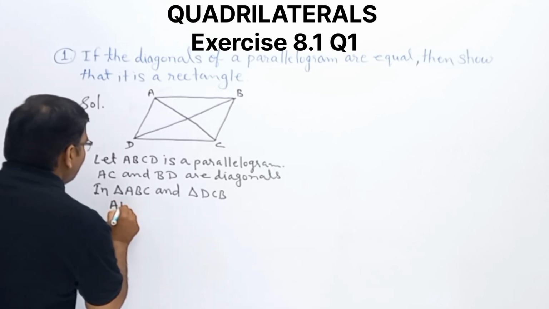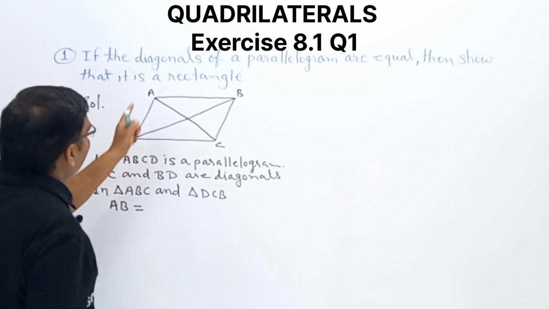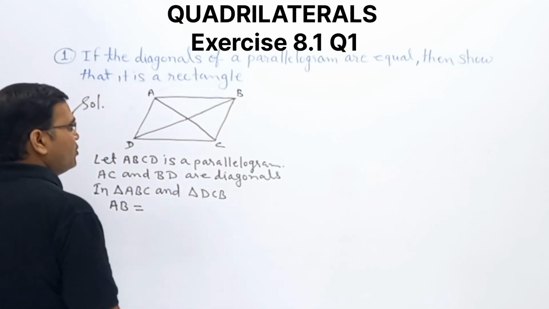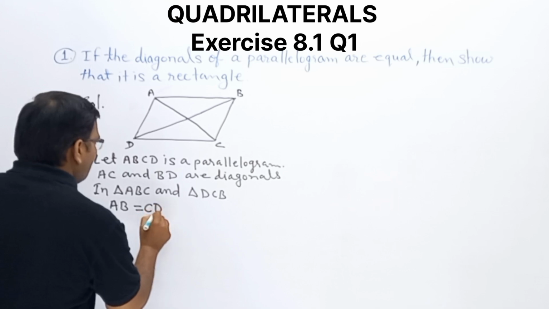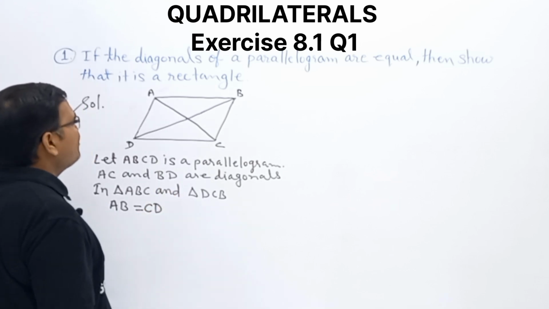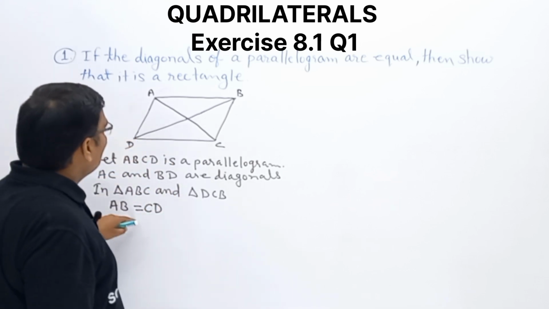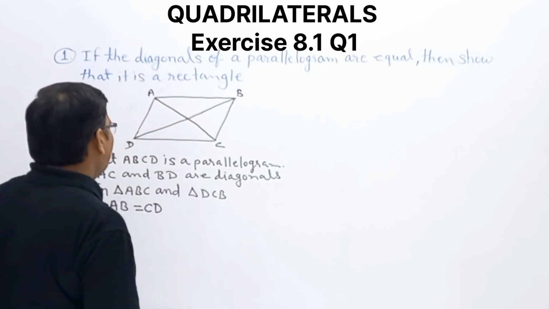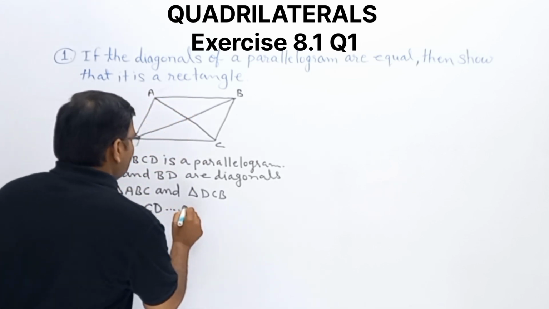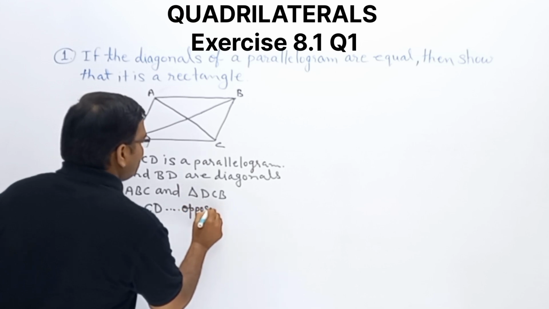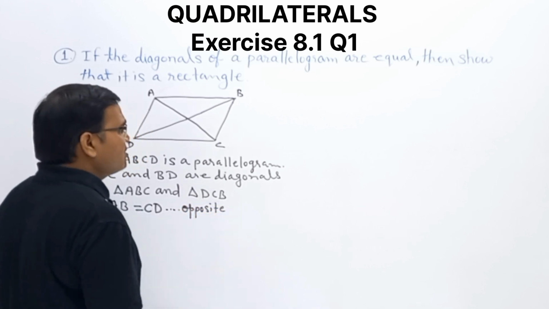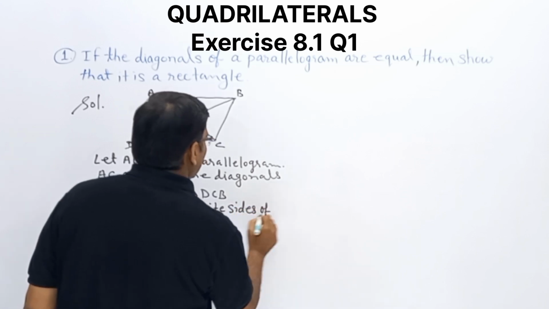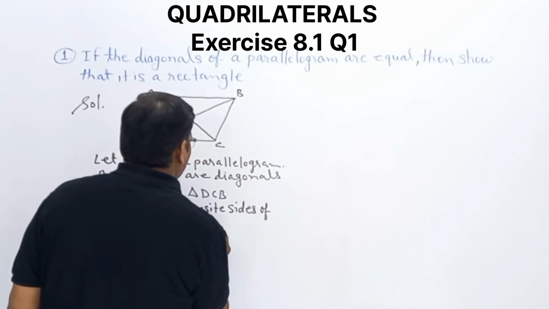AB equals CD, because these are opposite sides of a parallelogram, and we know well that opposite sides of a parallelogram are equal.